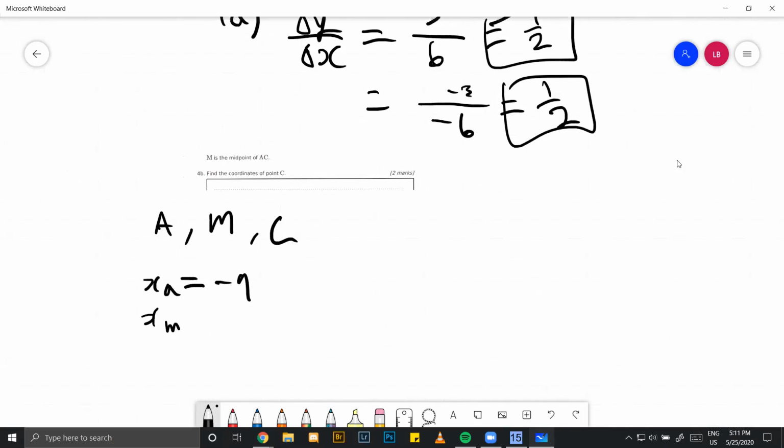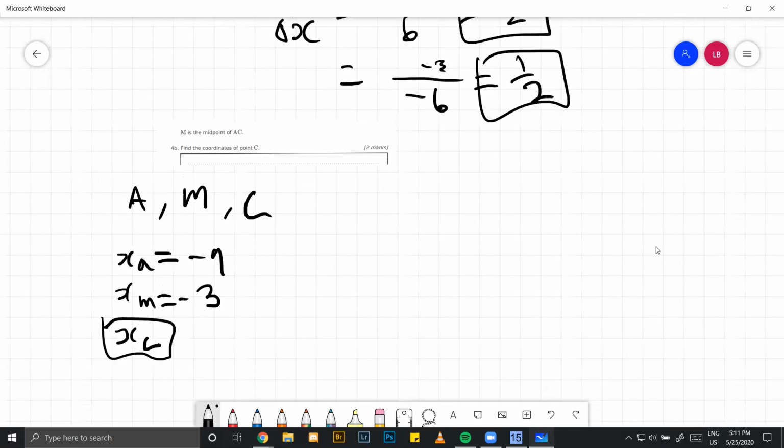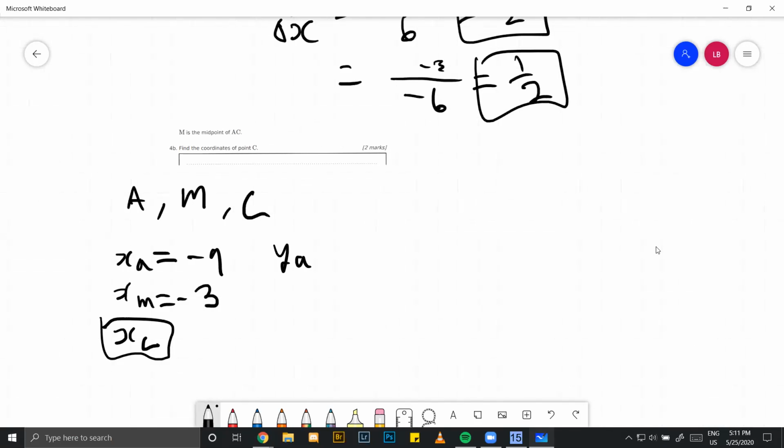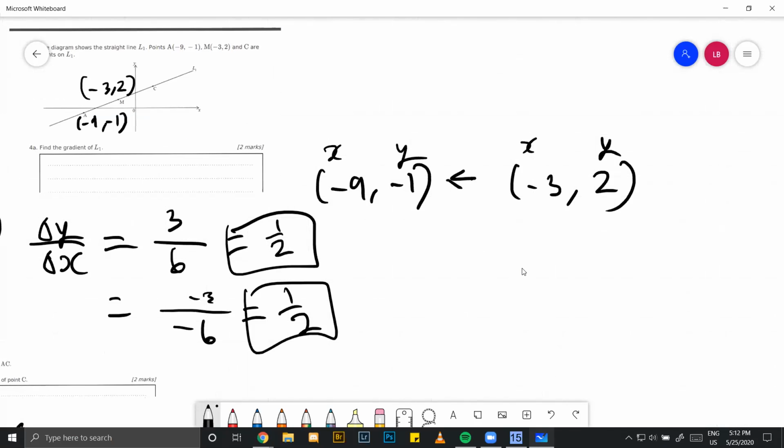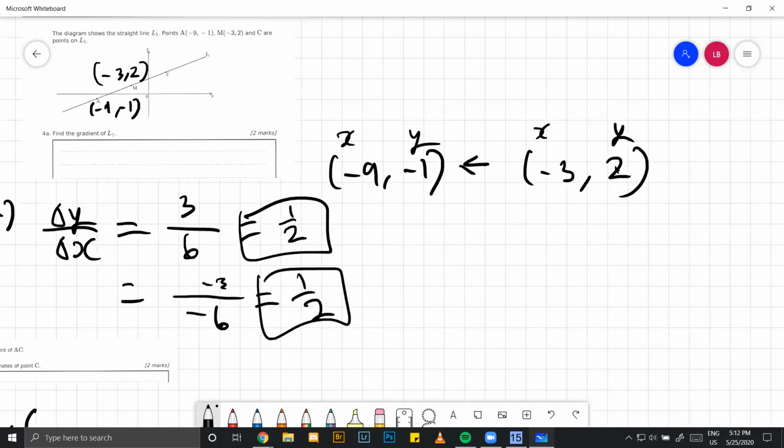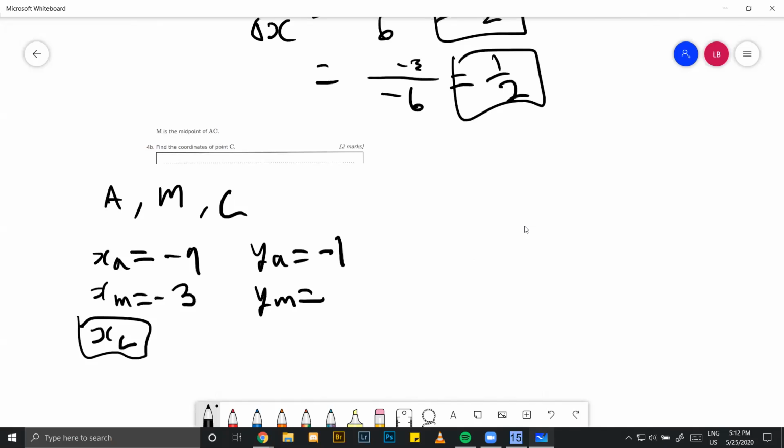And the x coordinate of C is what we don't know. Then we know our y coordinate of A is equal to -1, and our y coordinate of M is equal to 2. What we don't know is our y coordinate of C.